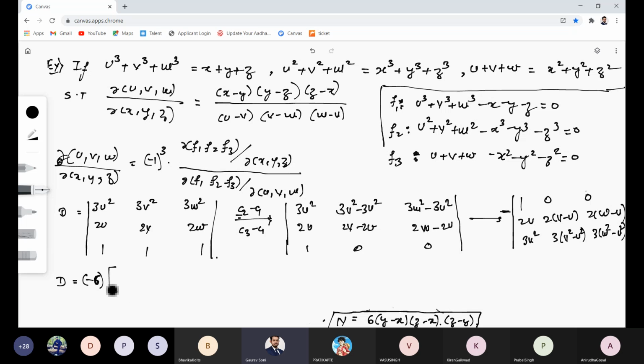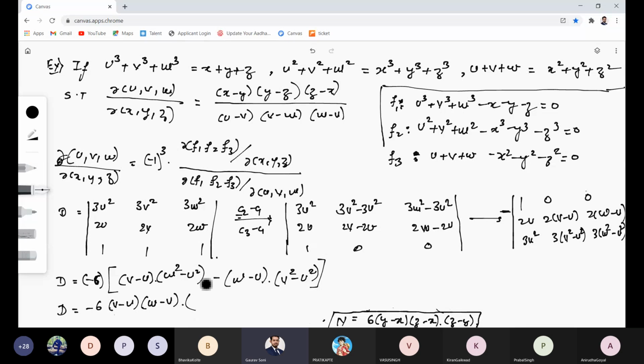In bracket, now let's solve the determinant. (v minus u) into (w square minus u square) minus (w minus u) into (v square minus u square). Denominator is minus 6. I can take common: v minus u will be common, w minus u is common.